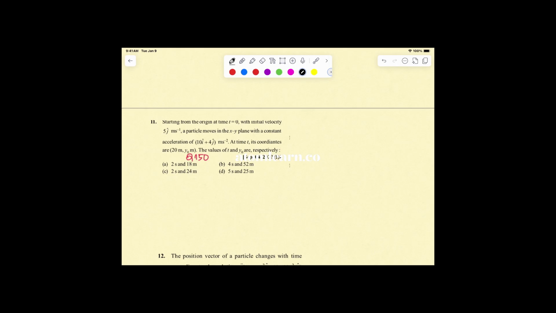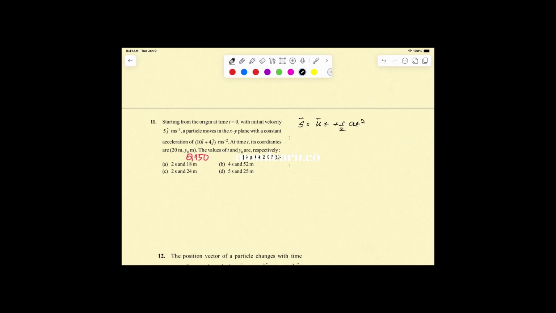The particle moves in the xy plane with a constant acceleration 10 i cap plus 4 j cap. At time t, its coordinates are 20 meter, y naught meter. That means we have to follow this: because constant acceleration, we can use the formula in vector notation, s equal to ut plus half a t squared.